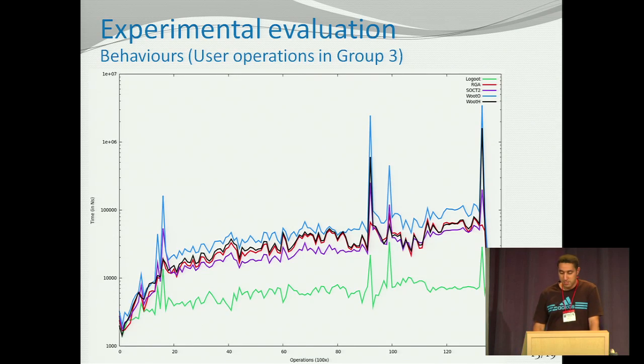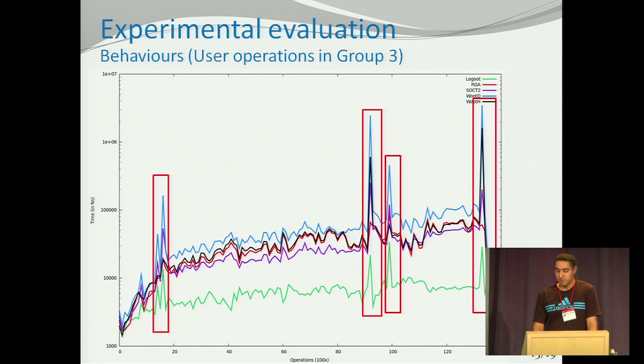All algorithms degrade over time, but Logoot degrades more slowly than the others. This degradation is due to the size of the document and the size of identifiers growing over time. Sometimes all algorithms increase. This is due to inserting or deleting a block of characters.